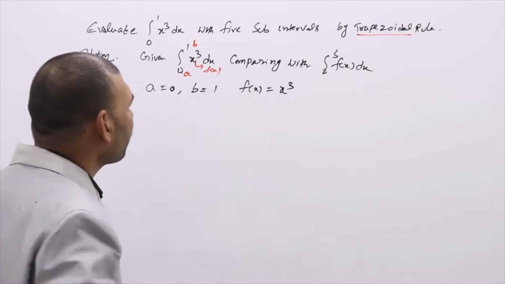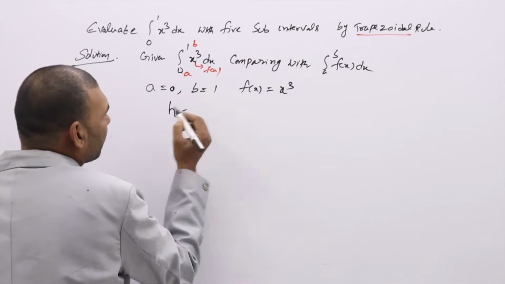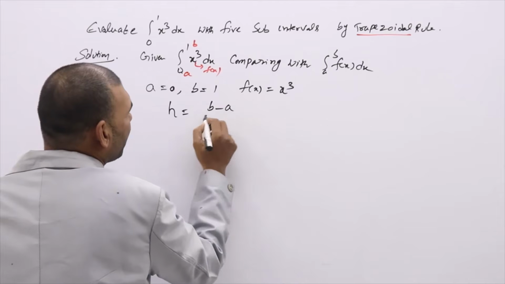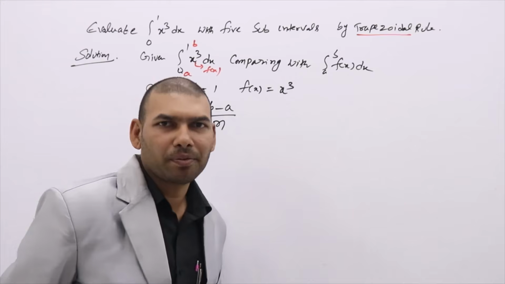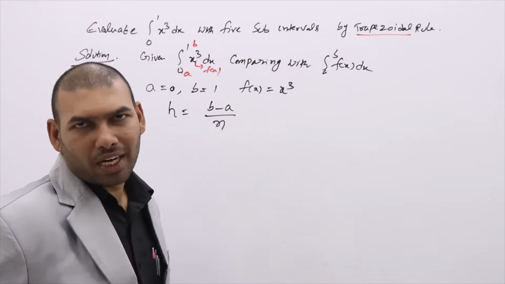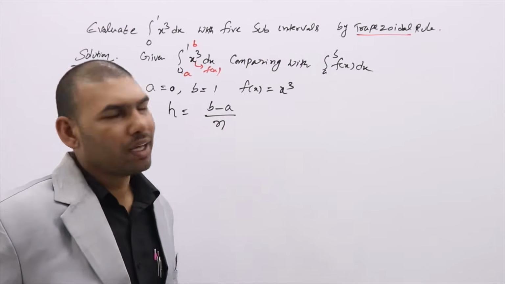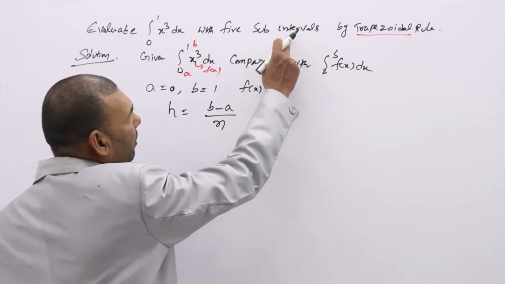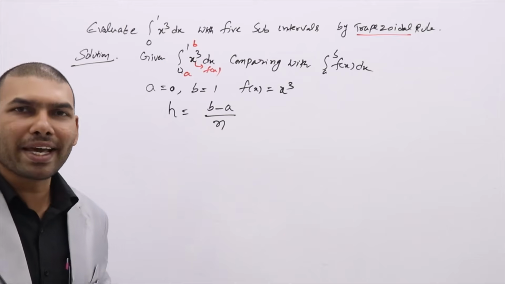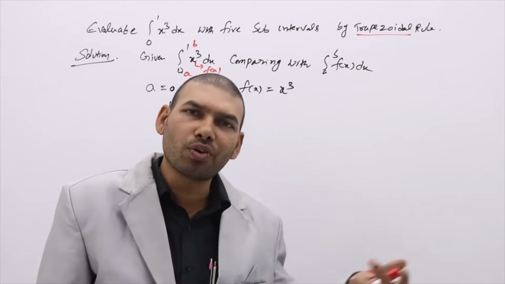Now we need to find h. The formula for h is b minus a by n. Here a and b values are known, the lower limit and upper limit. Coming to n, the number of subintervals: if they are given, we will take them, otherwise we will take any number between 4 to 12.